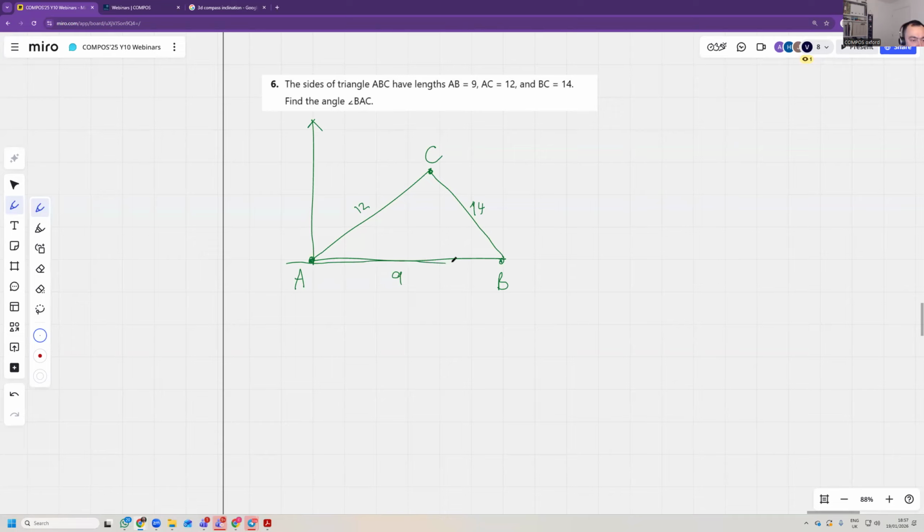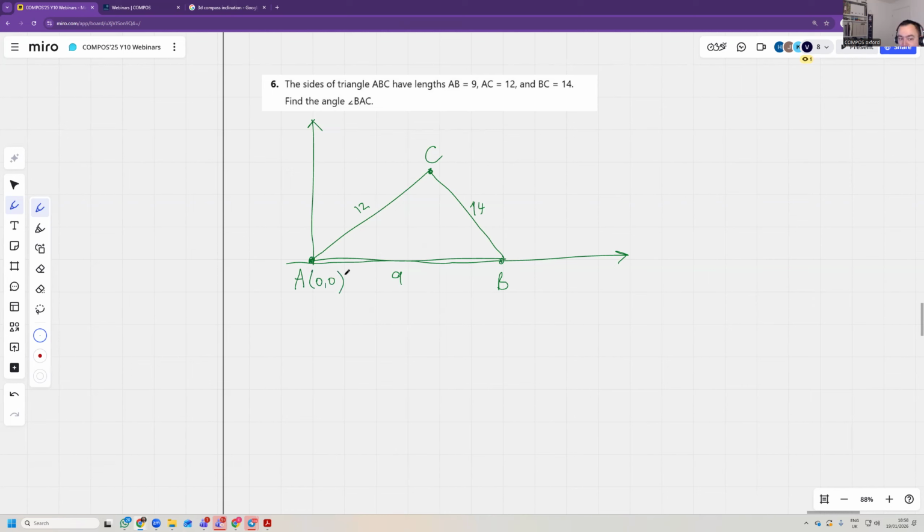Now, this can be solved using the cosine rule. However, I'm sort of going to use vectors. Okay. Now, let's say that A has coordinates 0, 0 for simplicity.